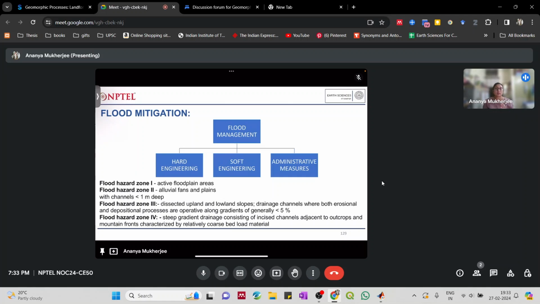So these are upland and lowland slopes, where mostly the erosional and depositional processes are happening along the gradients.